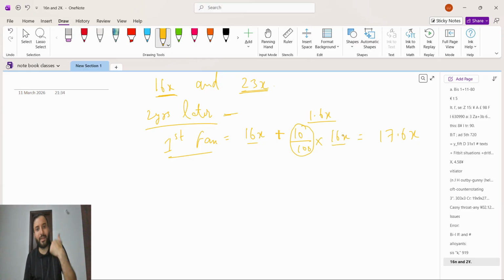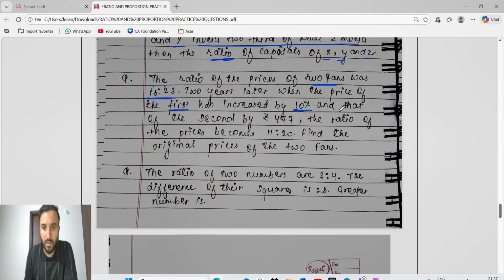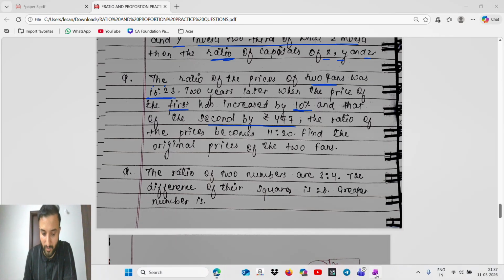Whenever there is an increment of 10%, 15%, 20%, whatever, it is increment of old price. So this is the old price plus 10% increment of old price. This is how after 2 years the first fan rate becomes 17.6x, and the second fan increased by 477 rupees.